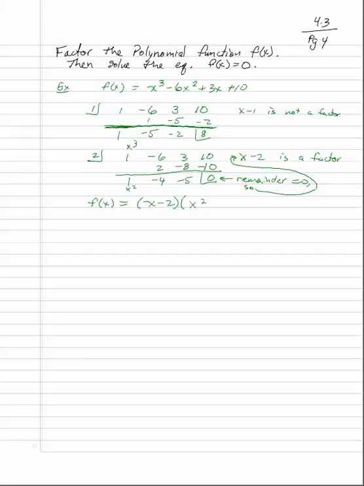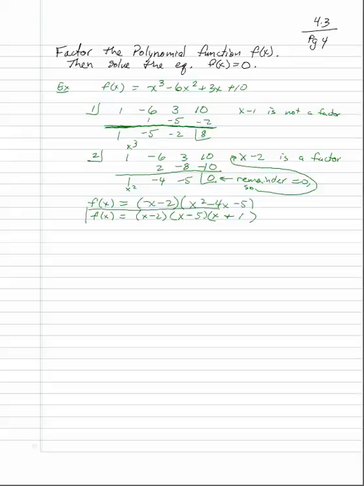So 1x squared minus 4x minus 5. And this is a quadratic function that I can just factor normally. Factors of 5 that subtract to 4. So it's 5 and 1. And then that's negative, positive. Okay, so that's part A.